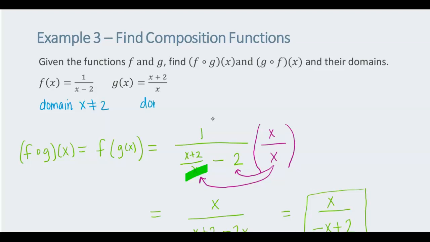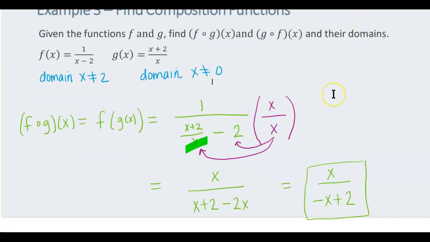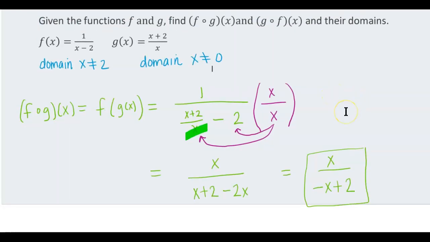Now the domain here is that x cannot be equal to 0. And then in our final answer, we also know that negative x plus 2 cannot be equal to 0.